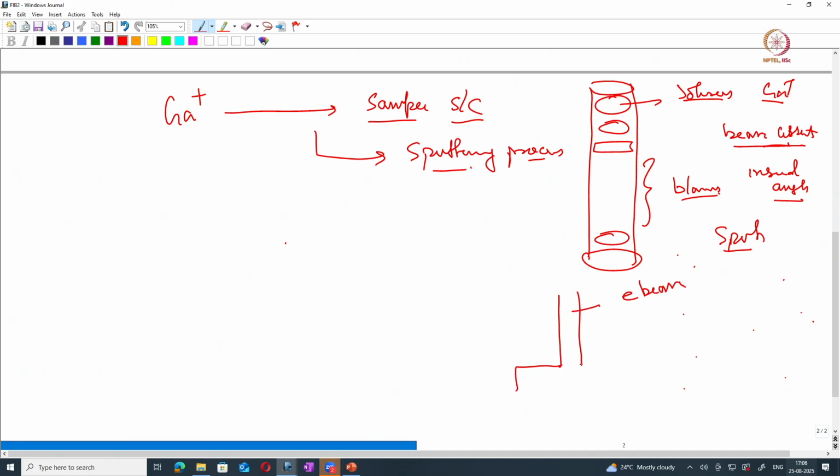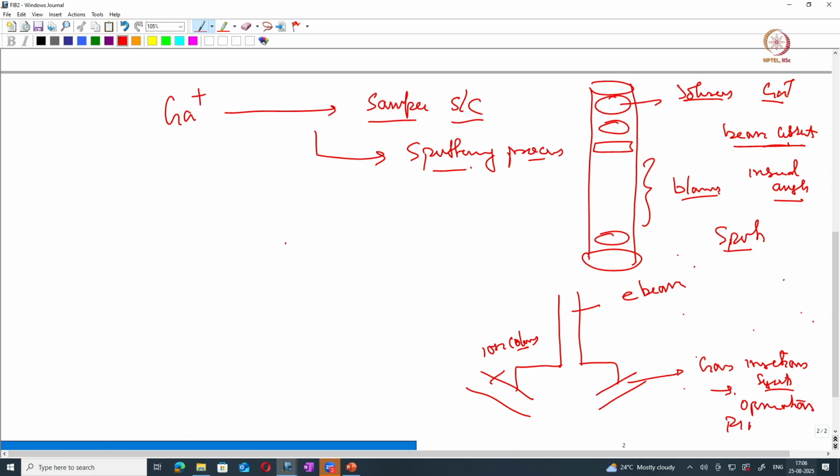This is your chamber, this is your ion column, and there is one more column which we call a gas injection system. This is a very important part of the FIB, for the operation of the FIB. So what is the gas injection system?